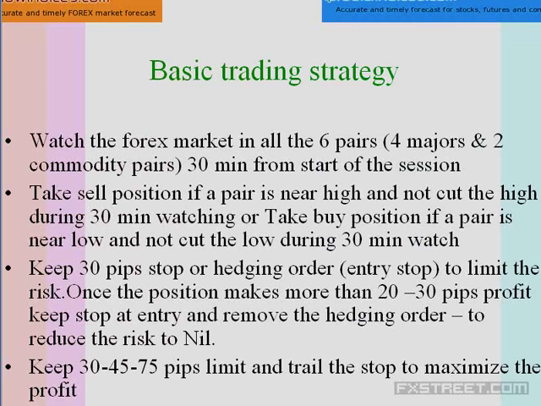So we have to control our emotions and use an effective trading strategy to earn from the market. For any trading strategy, there should be a guideline, which is called the forecast.